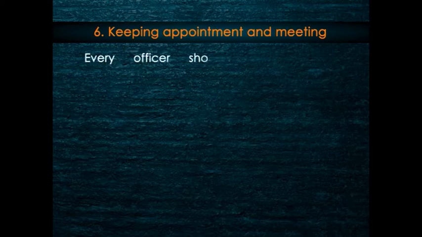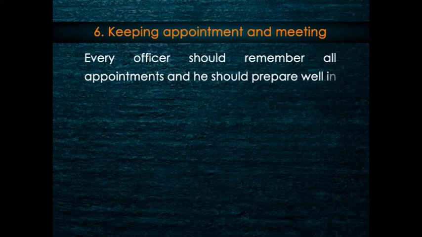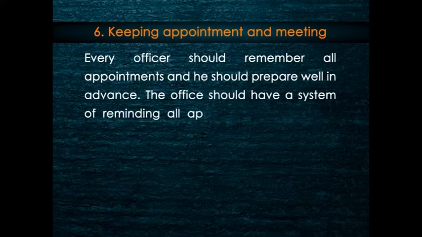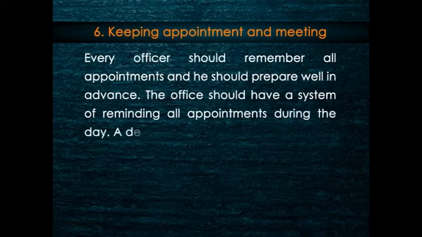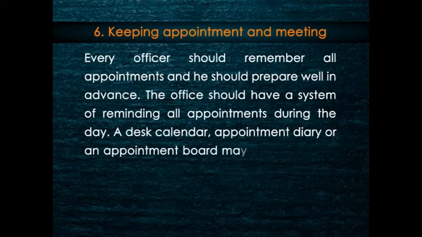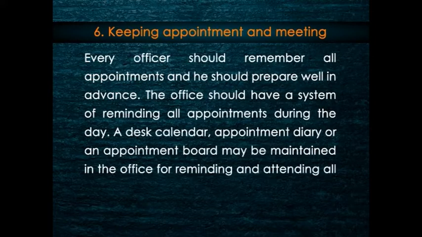Every officer should remember all appointments and should prepare well in advance. The office should have a system of reminding all appointments during the day. A desk calendar, appointments diary, or an appointment board may be maintained in the office for reminding and attending all appointments in time.